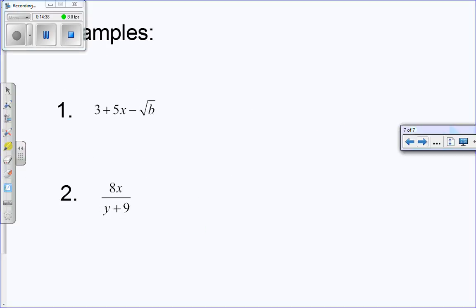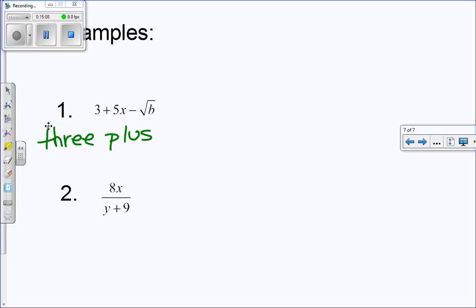All right, so we've got 2 examples here. So let's take a look at our first one. Read the problem. Read it using your words. 3 plus 5x minus this little symbol here, square root. You can get as fancy as you want. You can use as basic terms as you want. So I know I've got 3 plus 5 times x, the product of 5 and x.